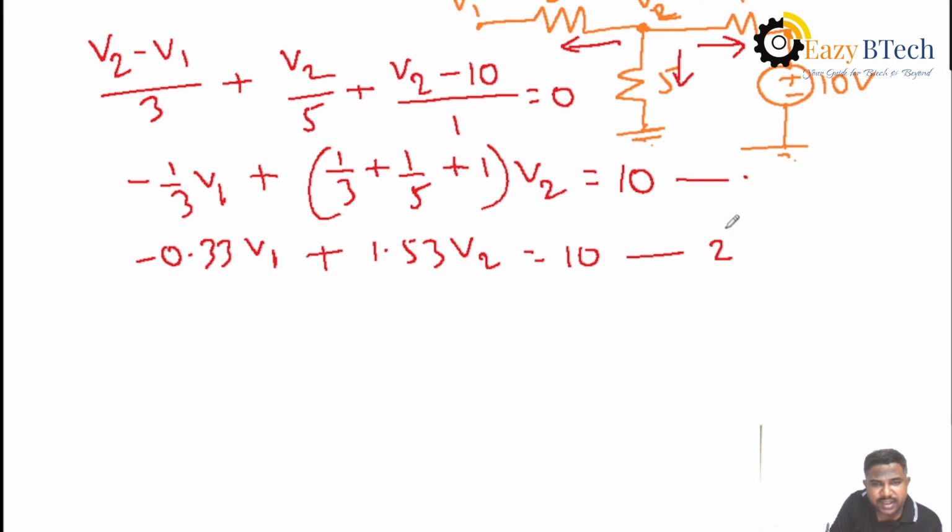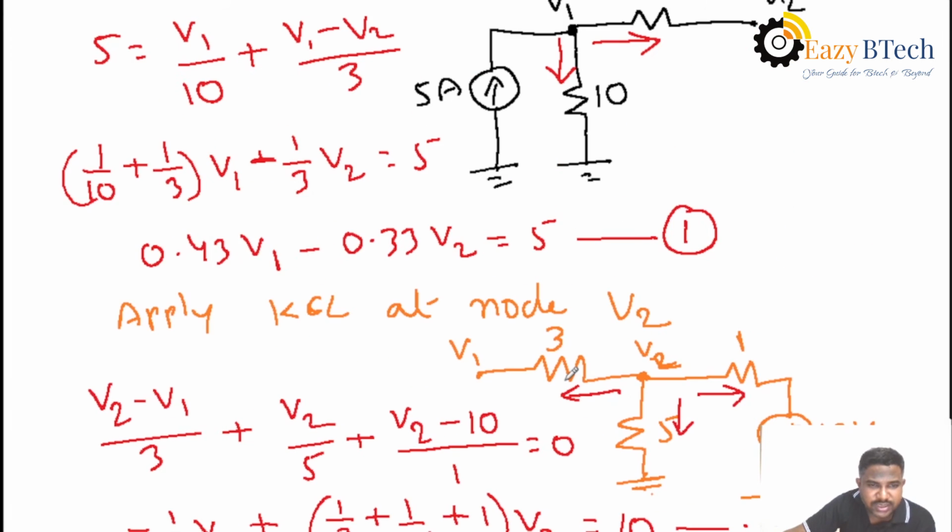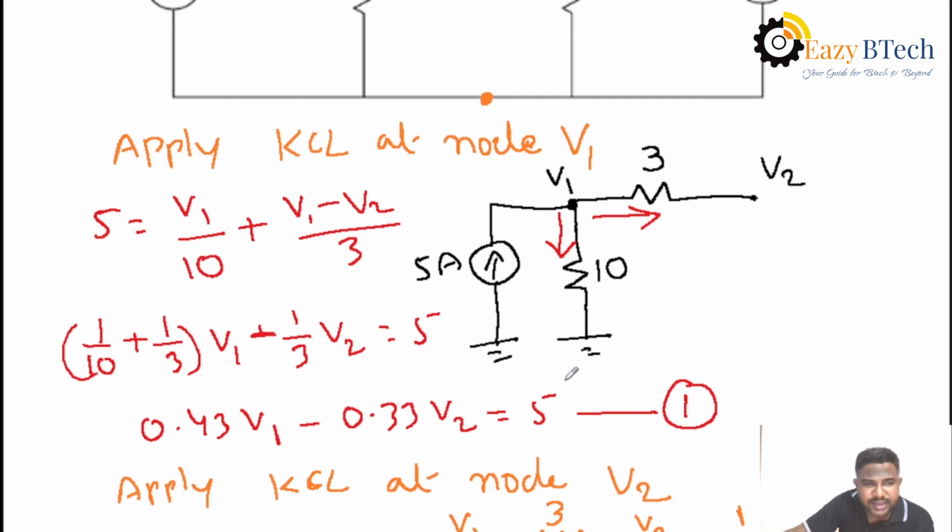This is taken as equation 2. Then solve equation 1 and equation 2. Then you will get the node voltages V1 equal to 19.85 volts and similarly V2 equal to 10.9 volts. Okay, that is the calculation of nodal voltages by applying KCL at each node.